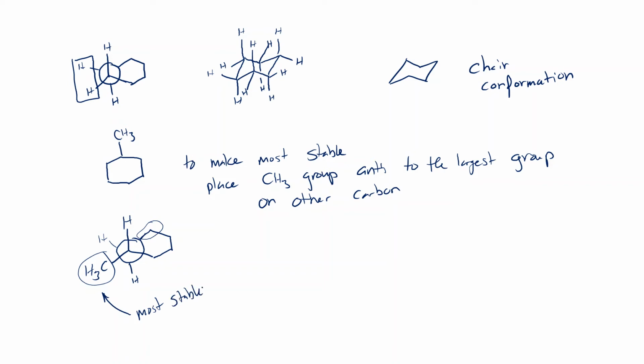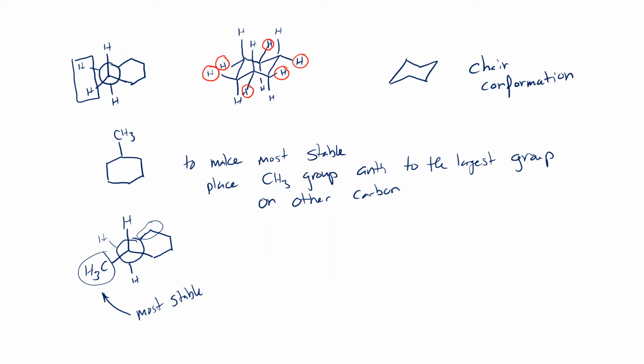Now, let's translate that up to our chair conformation. Those positions that are anti to the rest of the ring, I'm going to circle these in red. Those are the positions that look like this, it looks like this, it looks like this, here, here, and here.